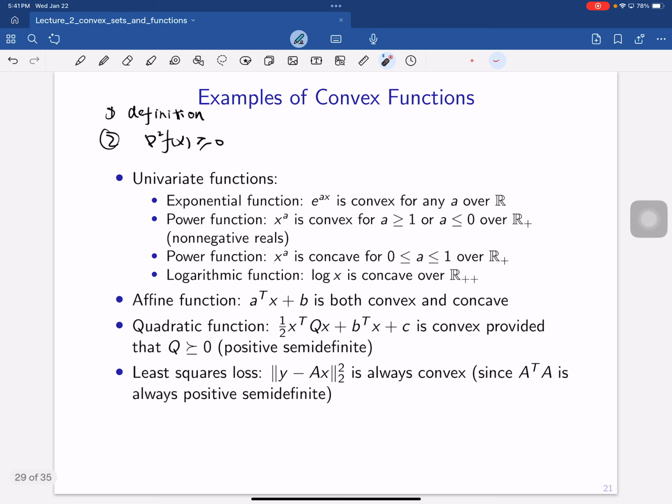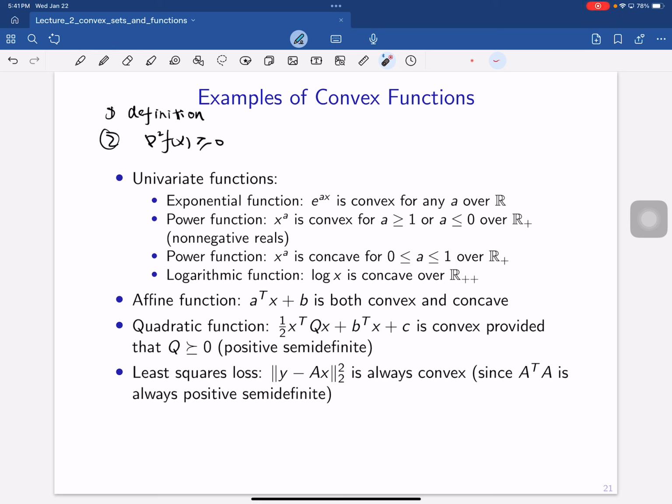And then quadratic functions, right? We have x transpose Qx plus b transpose x plus c. This is clearly convex if Q is positive semi-definite, right? Because the Hessian of this function is Q itself. When Q is positive semi-definite, this is a convex function. So here, least square loss is also convex, because clearly least square loss is a quadratic function, right?